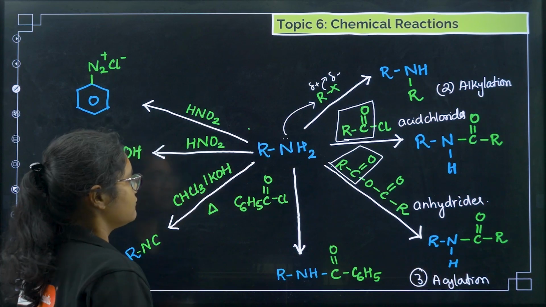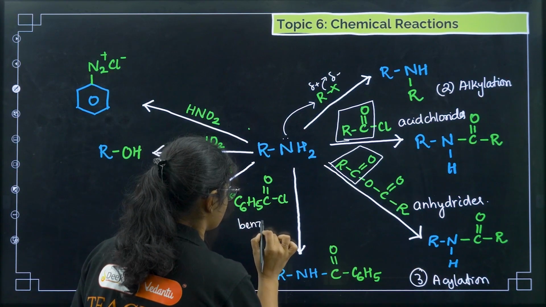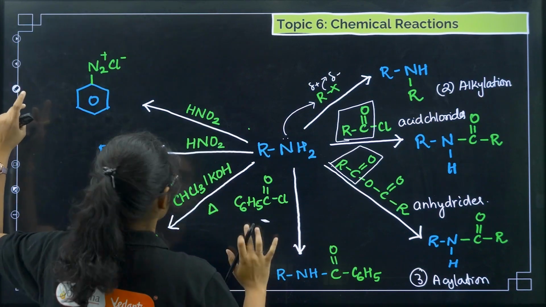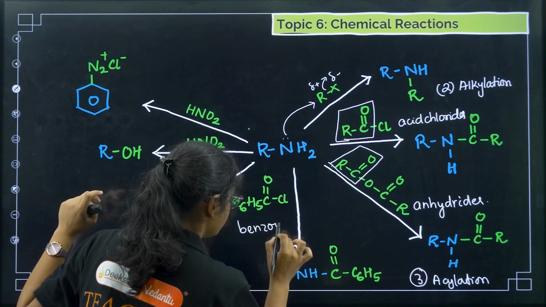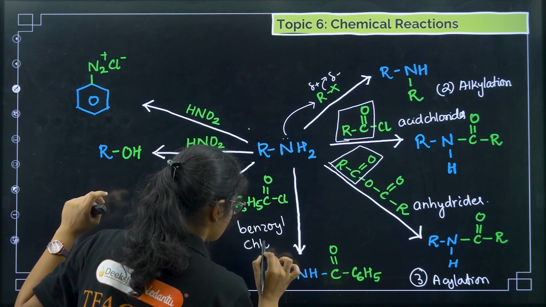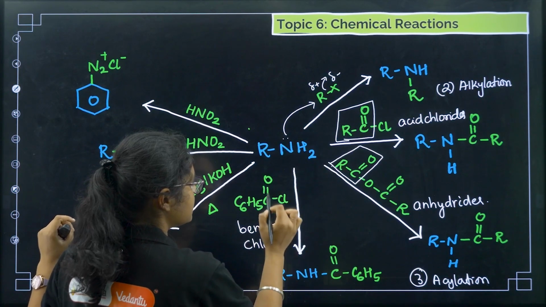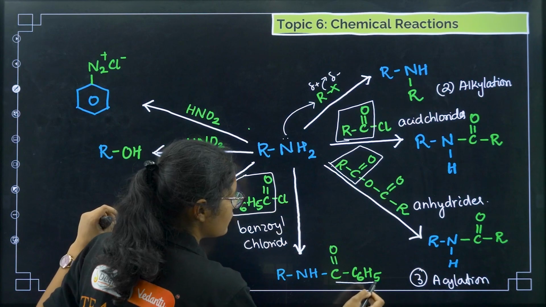Now there is one more. You can react with benzoyl chloride also. So what will happen? One of the H will be replaced with the COC6H5 group.